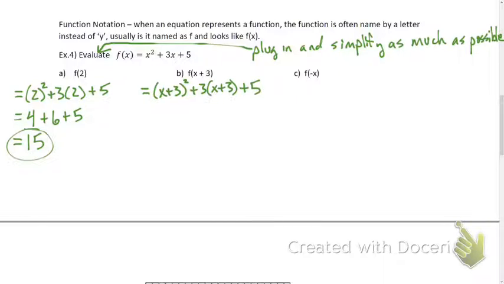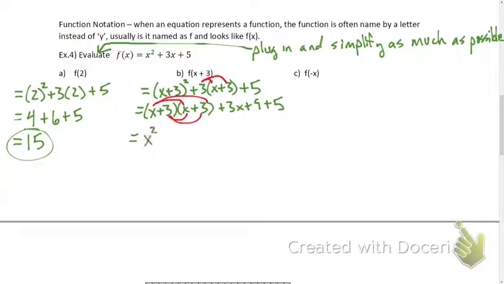When I see that x plus 3 squared, I write it twice. And then you got to FOIL it out. So that means you draw the arcs and do that thing. All right. Over here on the middle term, you're going to distribute. So we're going to get 3x plus 9, and then we still have that 5 there. All right, almost done with that one.